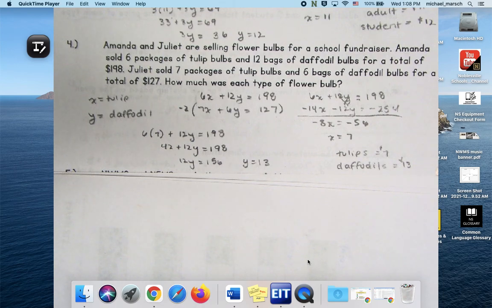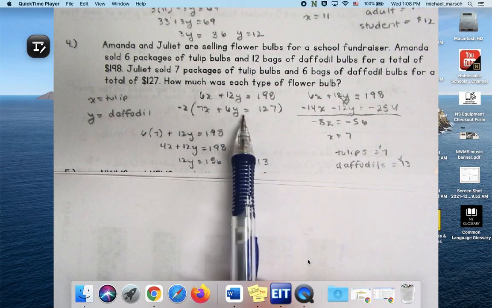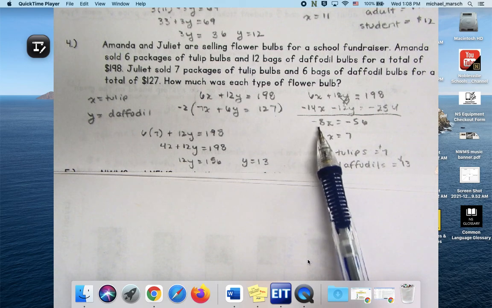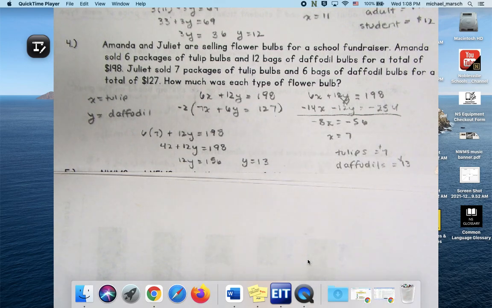I just decided to multiply the bottom one by -2 so I could cross out the y's, which was fine because I ended up with a negative and a negative, which makes positive value for the tulips. And then I put that 7 back in, solved for y, and I got $13 for the daffodils.